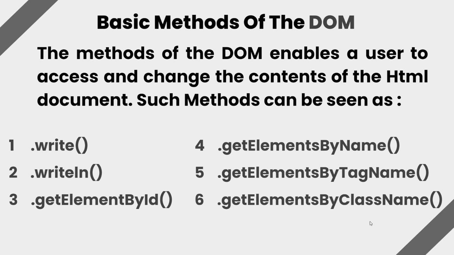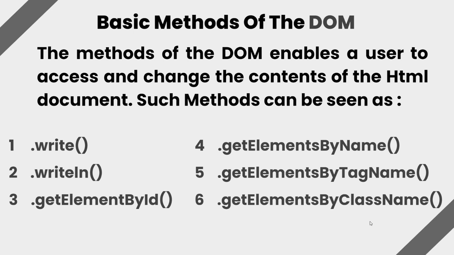We have the dot getElementById. I believe we are already aware of this one because we've been making use of it ever since we started JavaScript. And also we have the dot getElementsByName. It's also a method under the DOM. We also have the dot getElementsByTagName. And lastly, we have the dot getElementsByClassName.